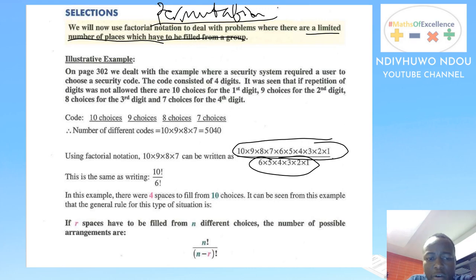So in this example, there were 4 spaces to fill from 10 choices.